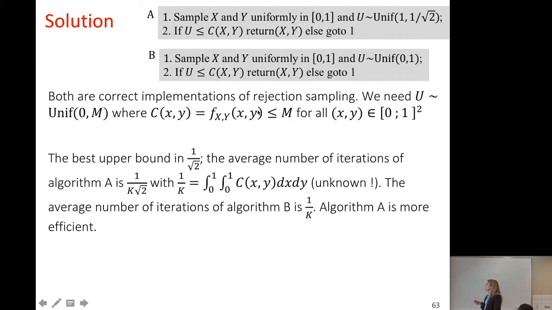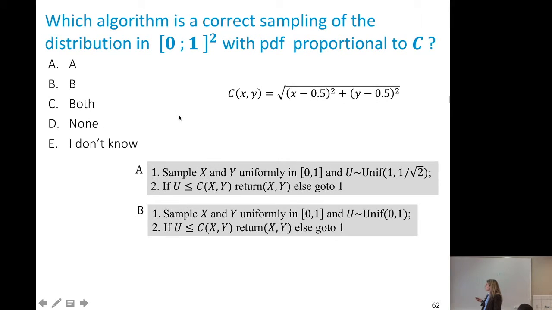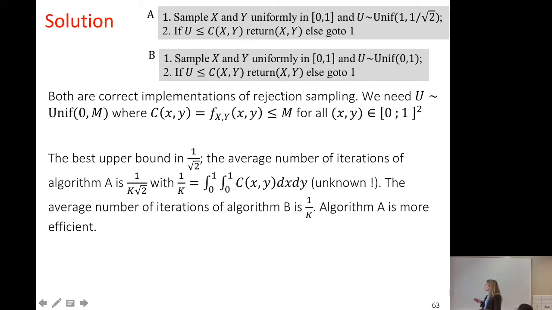Okay? Both are correct bounds for C. So C is less or equal than 1, and it's also less or equal than 1 over square root of 2 if you compute it. So both algorithms are correct in order to take a sample of x and y with PDF proportional to C.